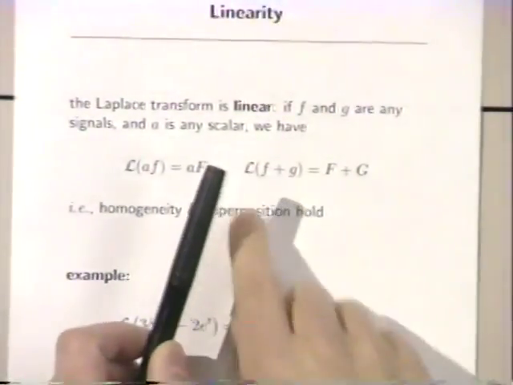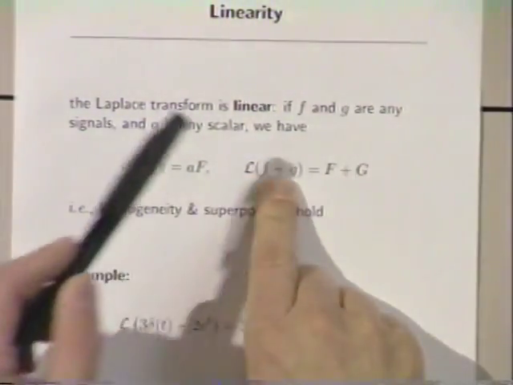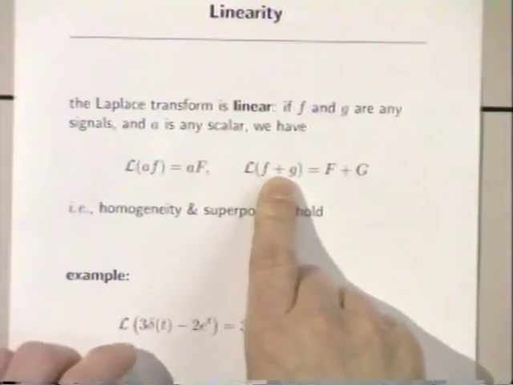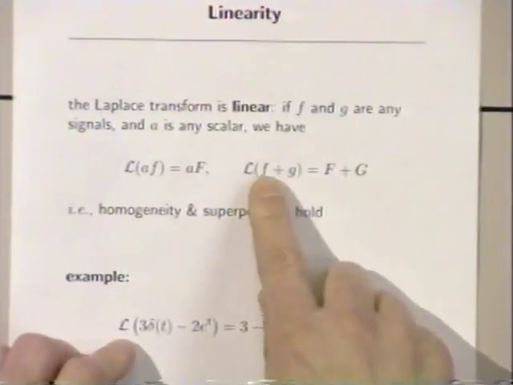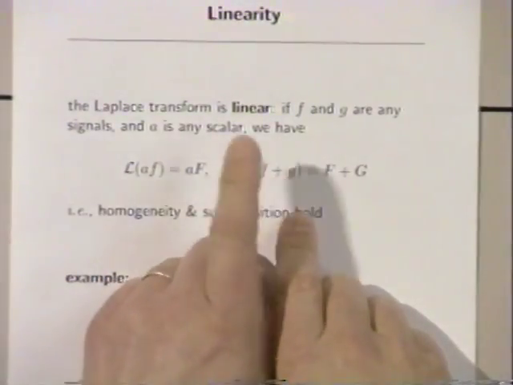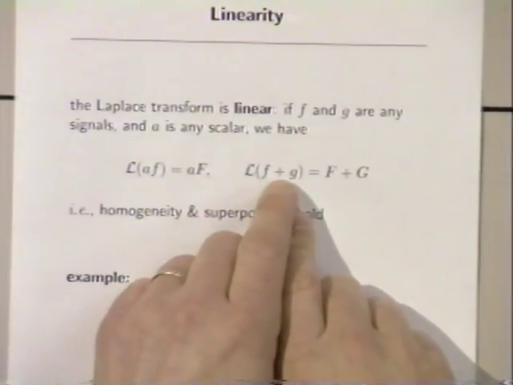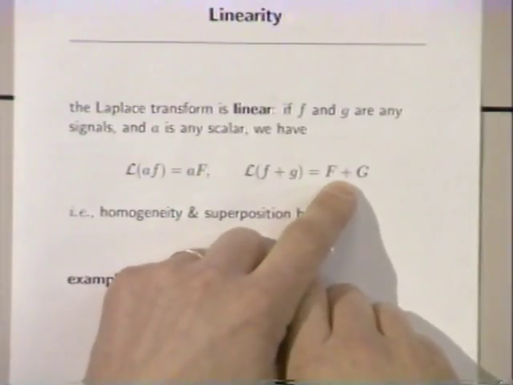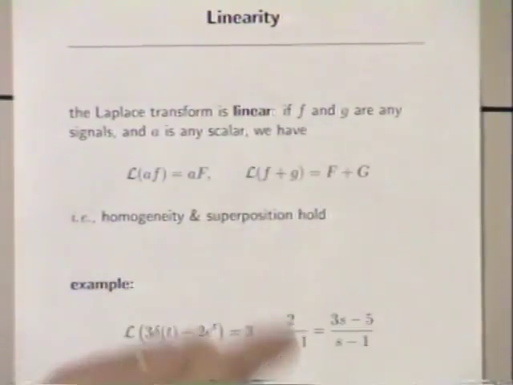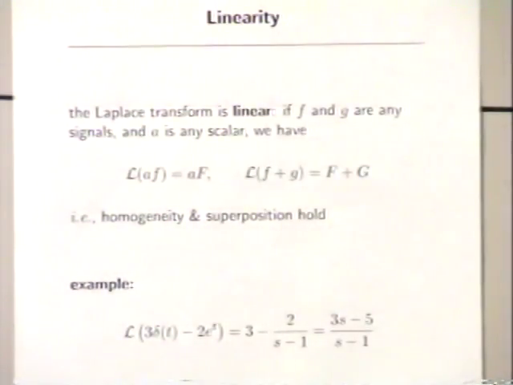So for example, this plus, we're overloading operators here. Plus means something extremely different here and here. They're totally different. Same symbol, overloaded operator. What plus means here is the plus that adds two signals together. This plus is the plus that adds two complex valued functions of complex variables. So when I mention these things, you can either listen or ignore it.